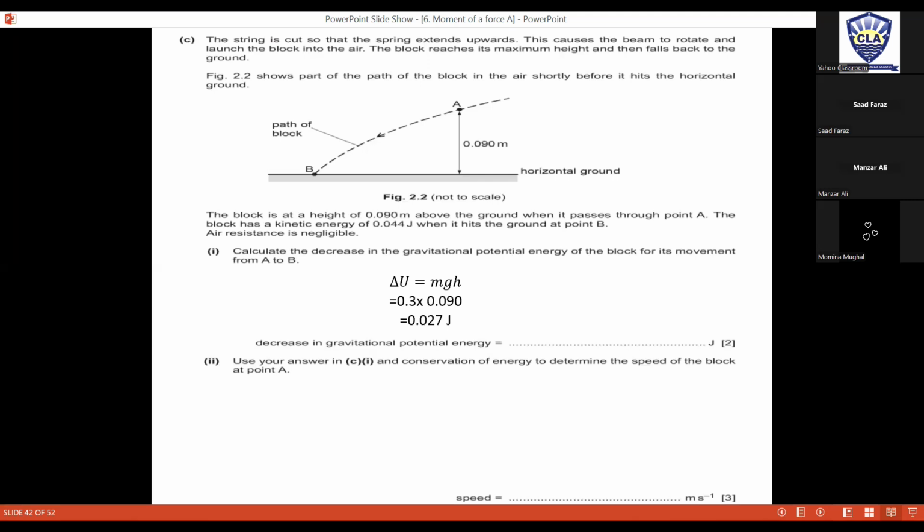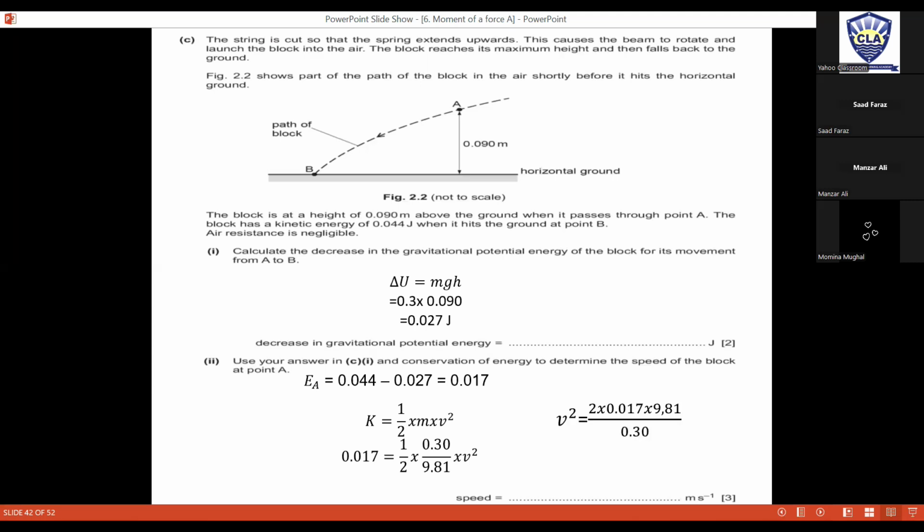The difference between these two values will give you the kinetic energy at A. And using half mv squared, we can find the speed of the block at A. Mass is 0.3 divided by 9.81. At point A, it must have kinetic energy of 0.017. And from here you get the value of v as 1.1 meters per second.